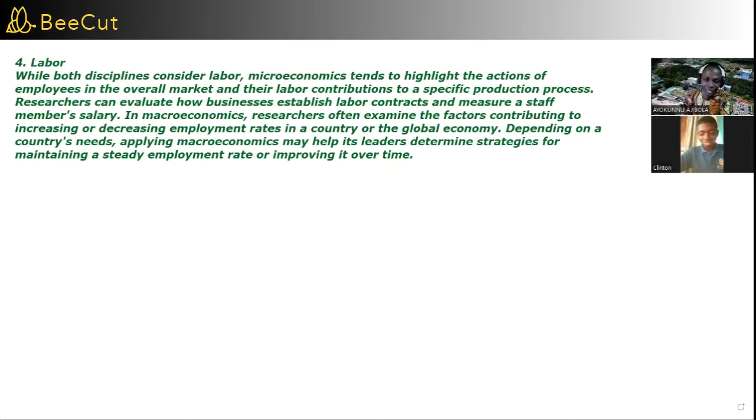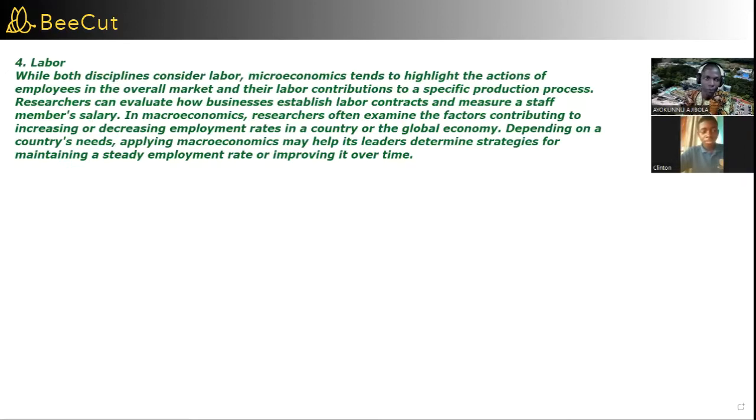So, what I'm trying to explain here is that we said, depending on the country's need, applied macroeconomics can help its leaders determine strategies for maintaining a steady employment rate or improving it over time.